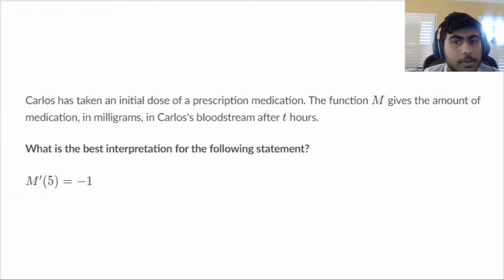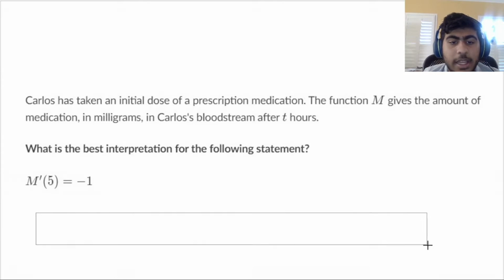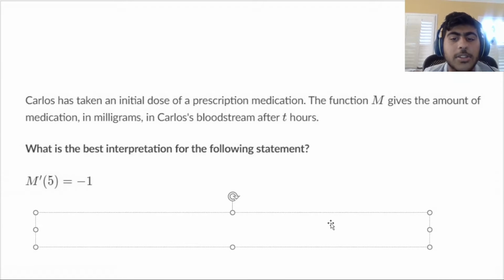Let's keep going. Here we're told that Carlos has taken an initial dose of a prescription medication. The function m gives the amount of medication in milligrams in Carlos's bloodstream after t hours. And we're asked about m prime of 5 equals -1.